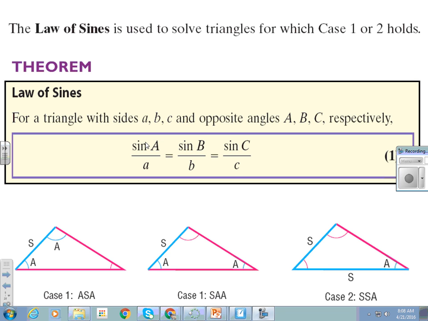Or you can do sine of A over A equals sine of C over C. Or you can do sine of B over B equals sine of C over C. So it's three equivalent proportions, and you are only going to use two of those for these cases: angle angle side, side angle angle, and side side angle.